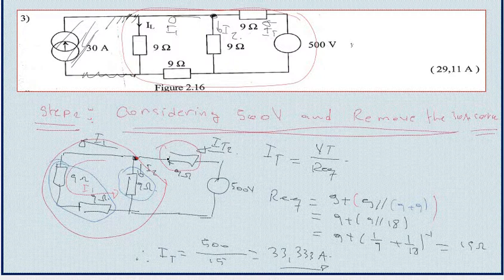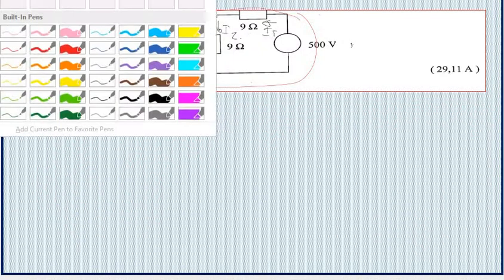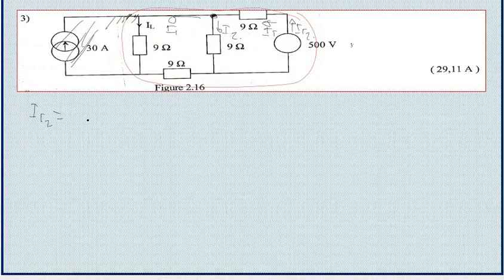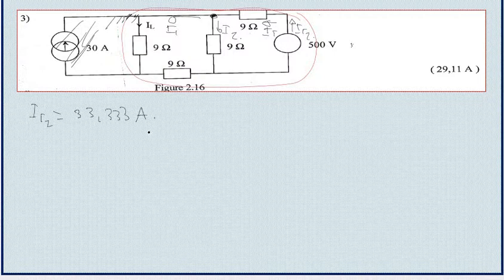It means this current here. So the total current is that one here, which is equal to 33.333 amp.